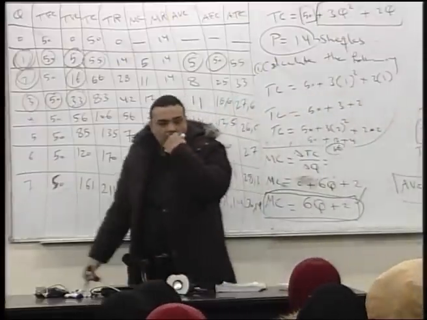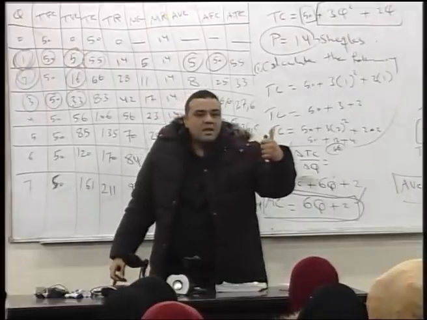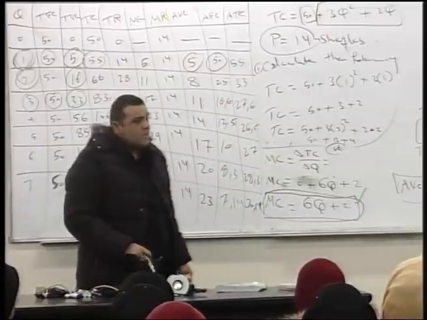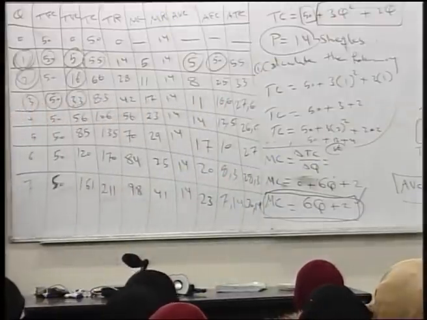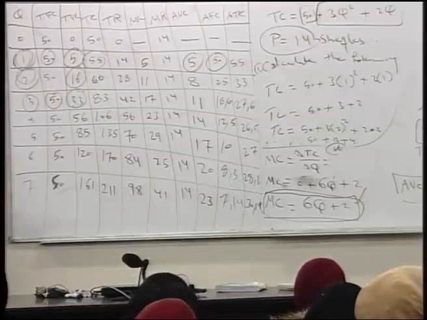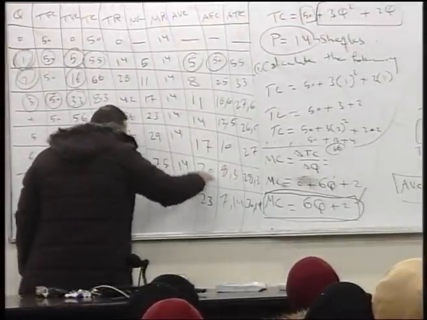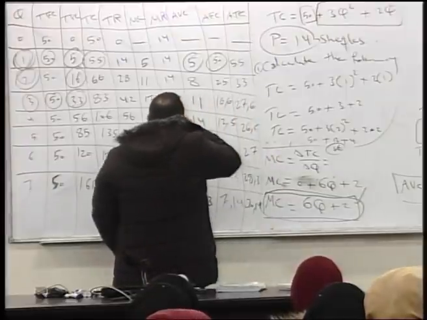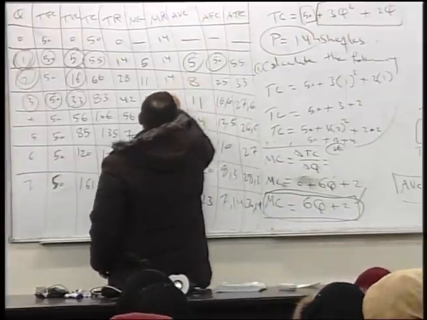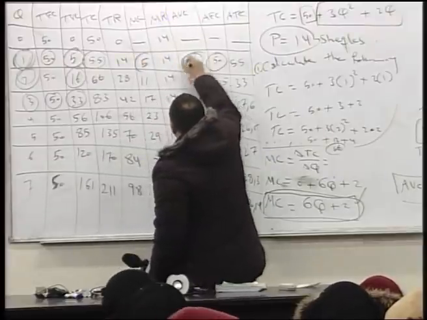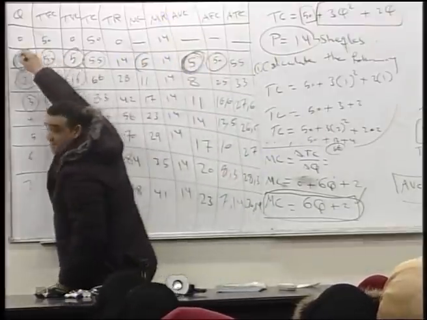Determine the shutdown point. Where's the shutdown point? It is the minimum AVC. This is the shutdown point, at Q equals 1.